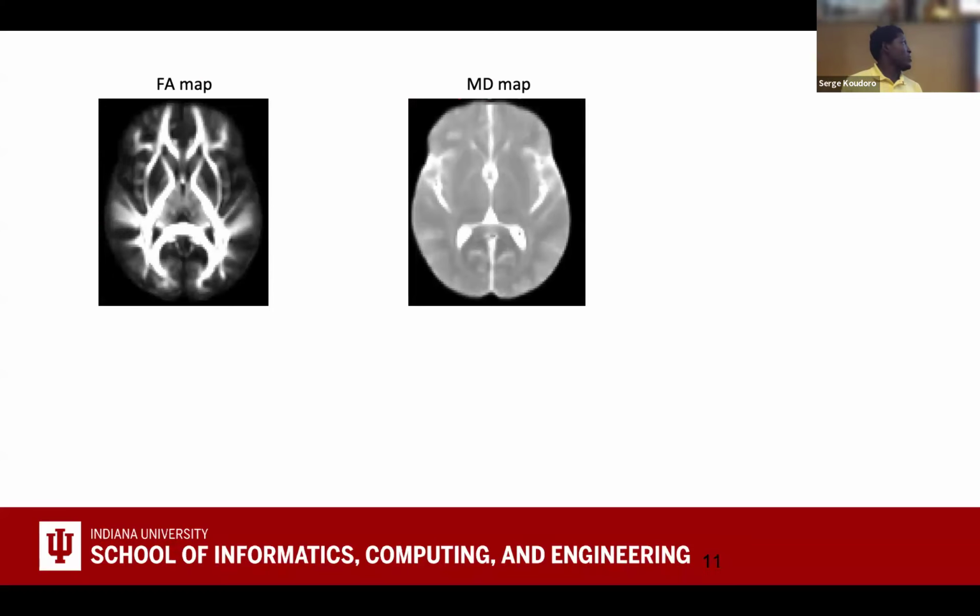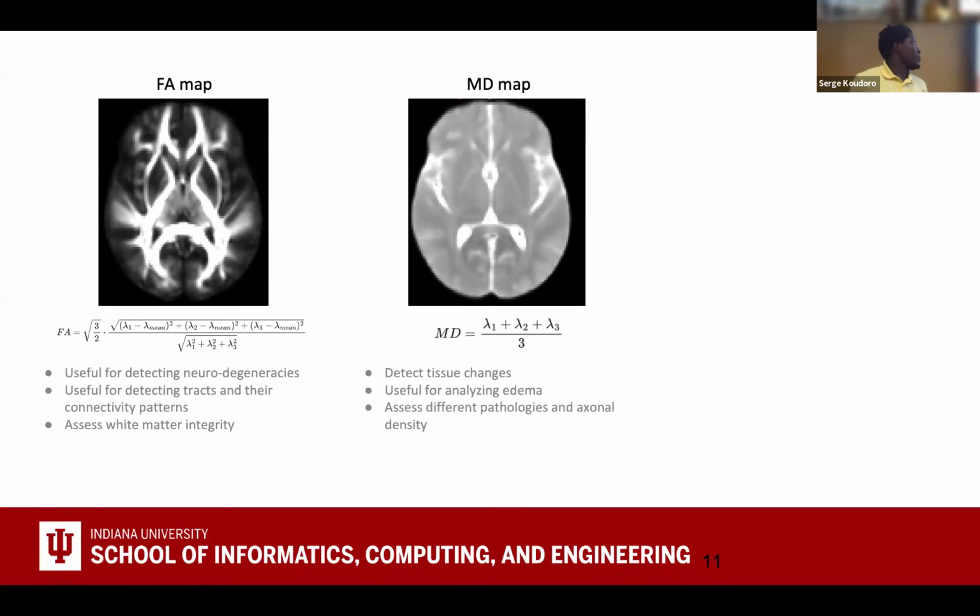So from this description of a tensor, you can start to get some specific maps. Here, the FA and the MD maps. You can see here the math equation of it. We are taking mainly the eigenvector and eigenvalue to describe those maps.